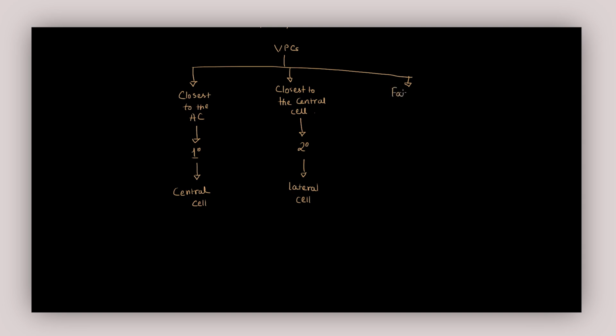Next, farthest from the anchor cell, they are going to have a tertiary fate, and it's not receiving any Lin3 because it is farthest from the anchor cell, and hence this is going to form the hypodermal cells. So this is how the fate of the VPCs work. This is the primary fate, which is the central cell. The secondary fate is the lateral cell, and the tertiary fate is the hypodermal cells.